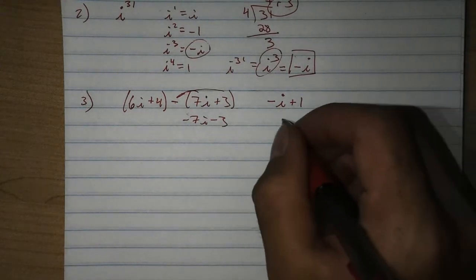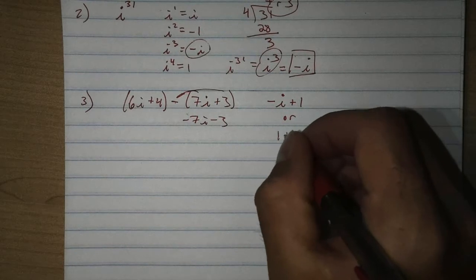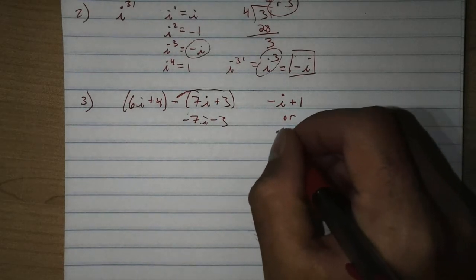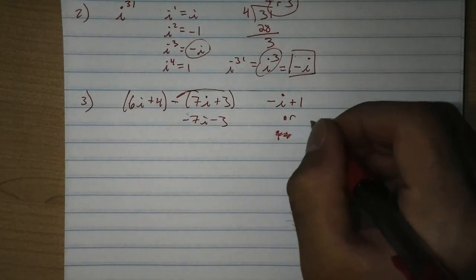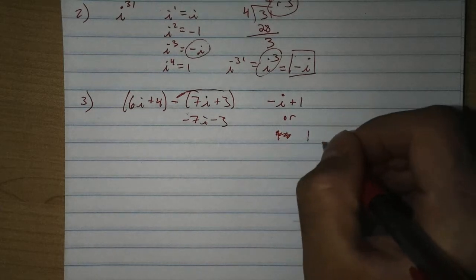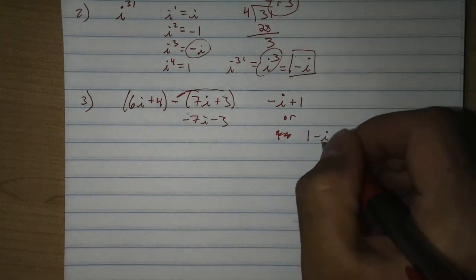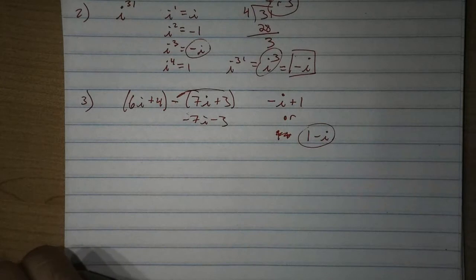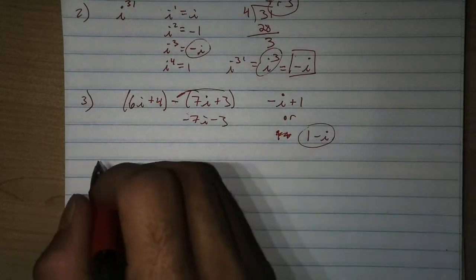Oops, it's wrong, sorry. Or as 1 minus i. That's how you're going to see it on the test.